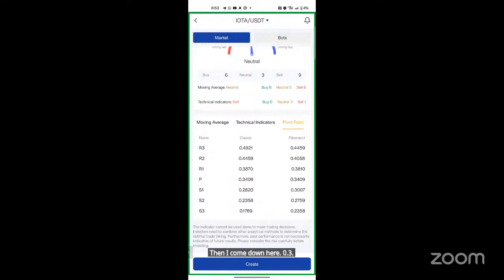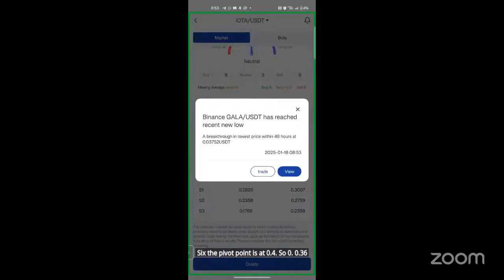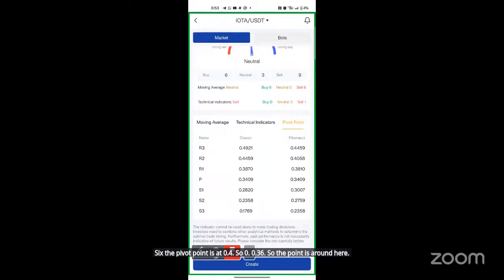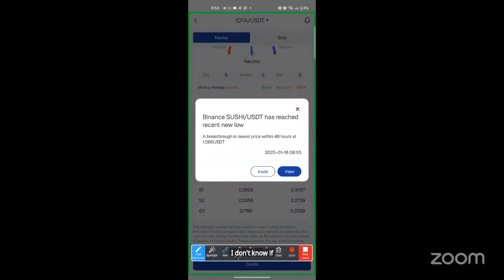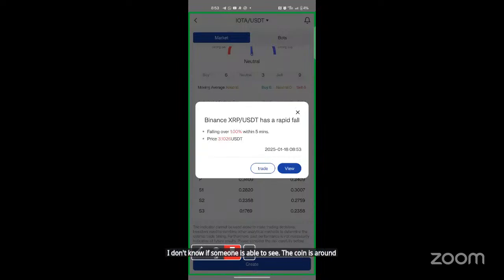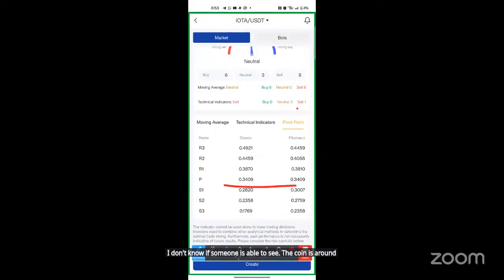The pivot point is at 0.4. So the coin is around here. It is above. So when it hits 0.34, let it buy again.